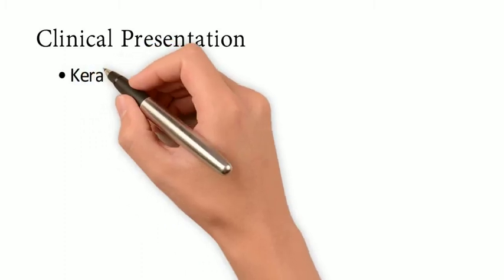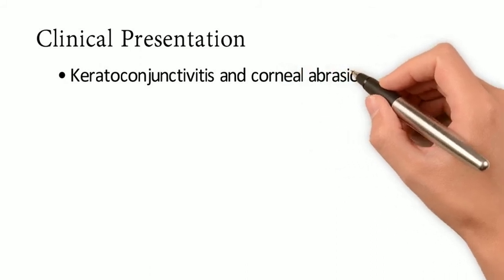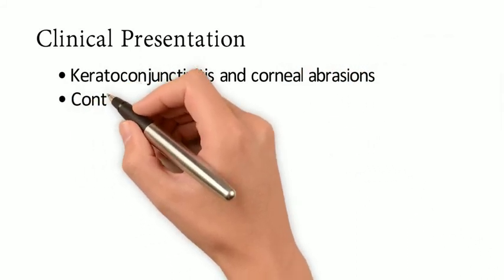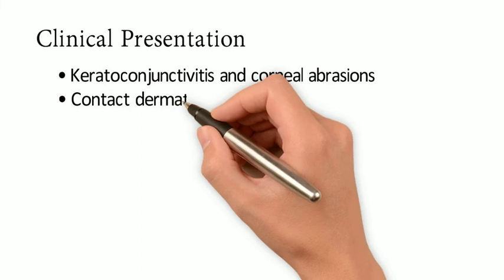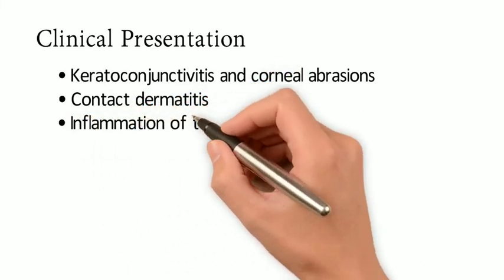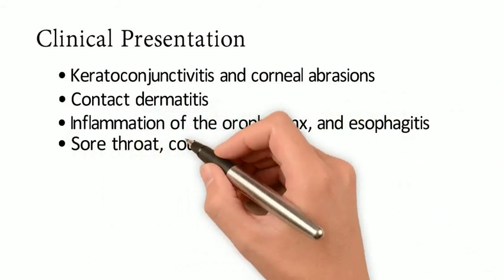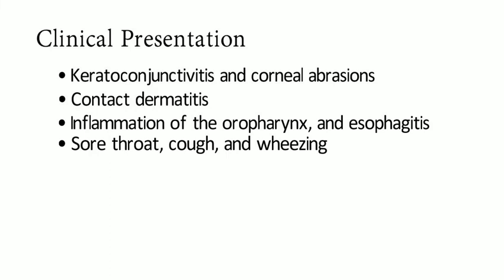The initial clinical presentation of oxalate toxicity can include keratoconjunctivitis and corneal abrasions after contact with plant material, contact dermatitis causing local skin erythema, edema, or bullae, inflammation of the oropharynx and esophagitis from ingestion, sore throat, cough, and wheezing from inhalation.